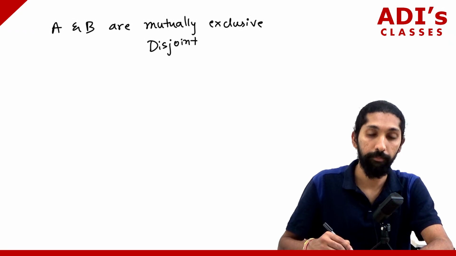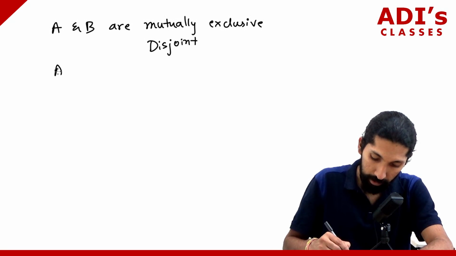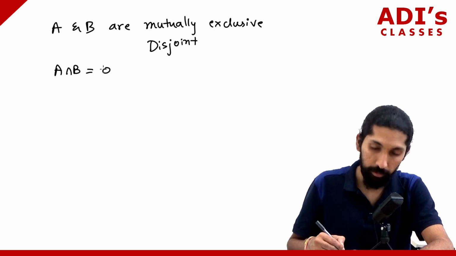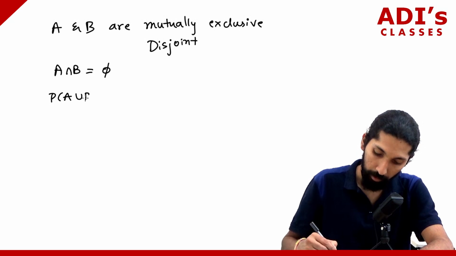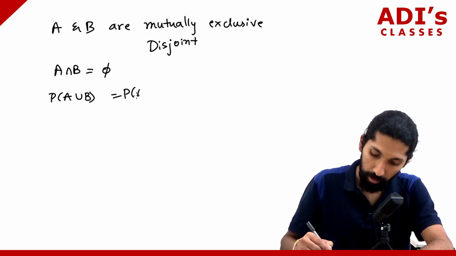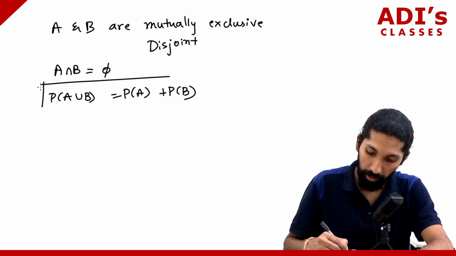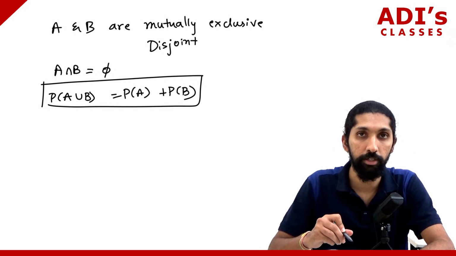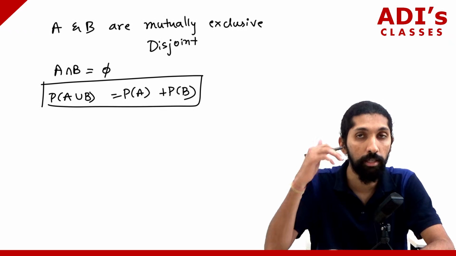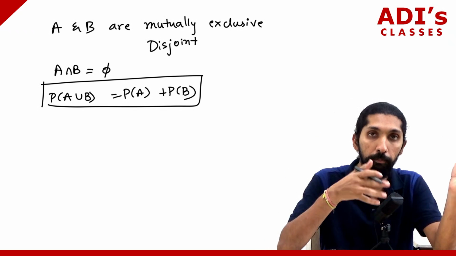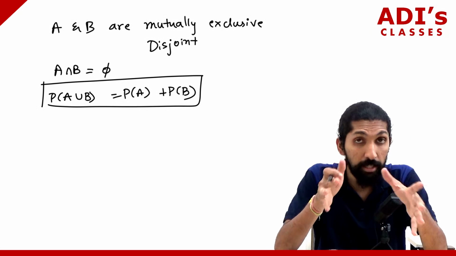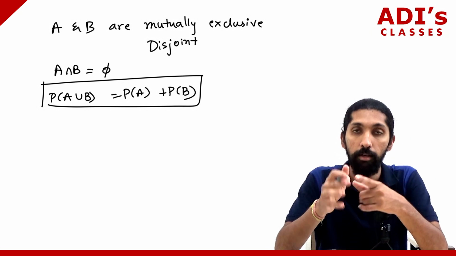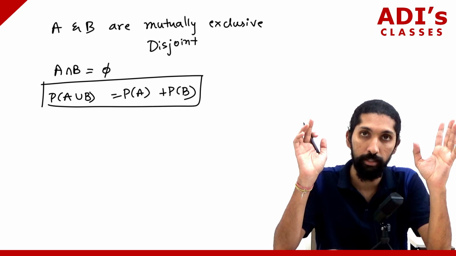If they are disjoint, then A intersection B is the null set, so the probability for that is going to be 0. So P of A plus P of B becomes P of A union B. And this is specifically for mutually exclusive or disjoint sets.